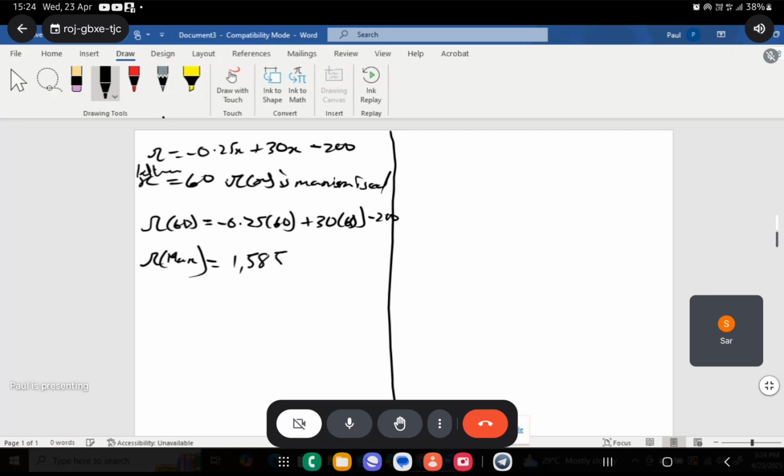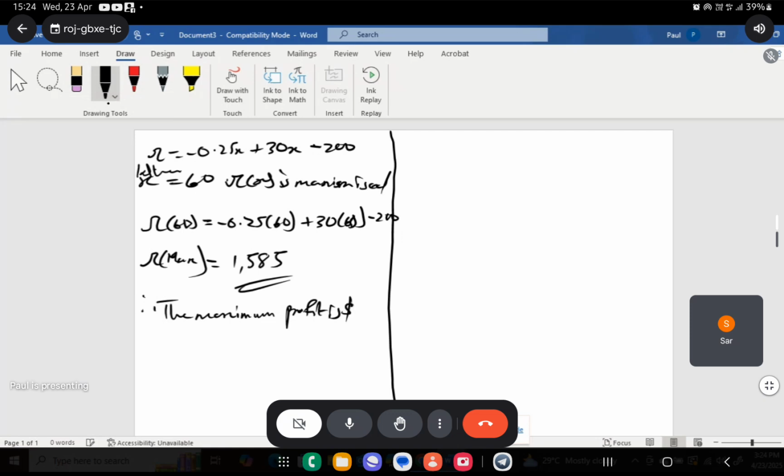Yeah, this is the C. So therefore, the maximum profit is, was it dollars or cedis?